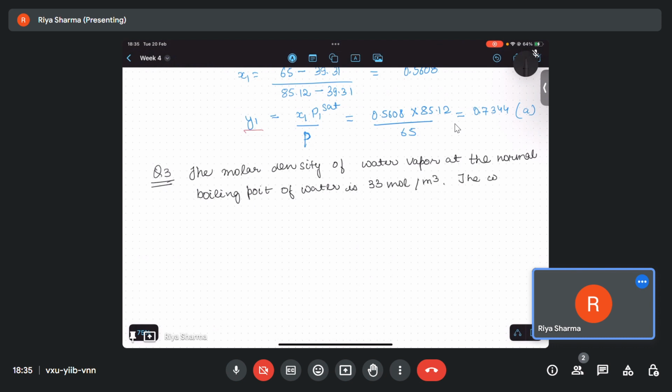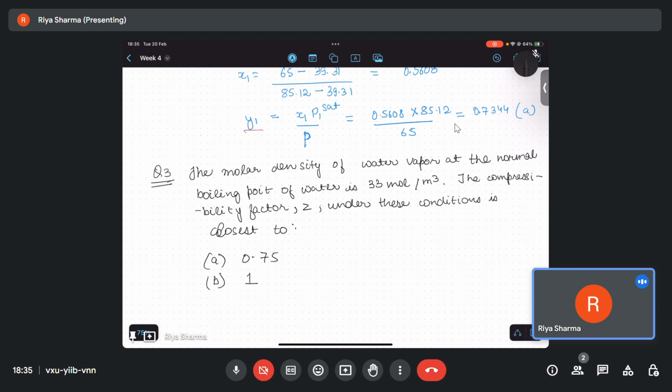The compressibility factor Z under these conditions is closest to what values? Let's take some values: A equals 0.75, B equals, let's say, 1.5, C, and D equals 1.75.